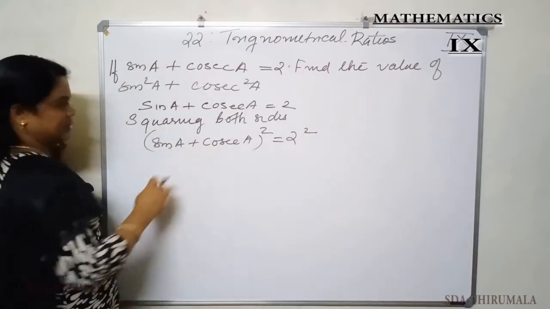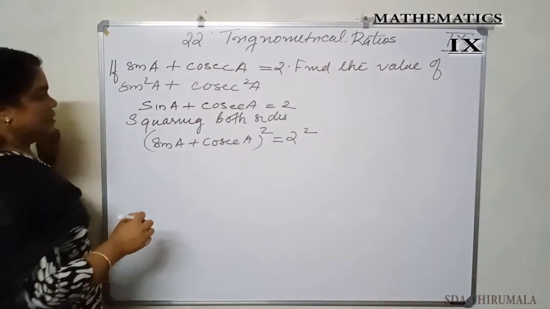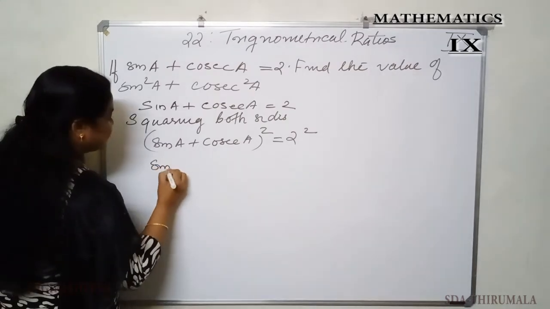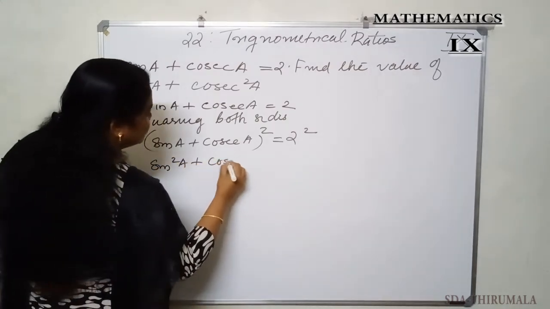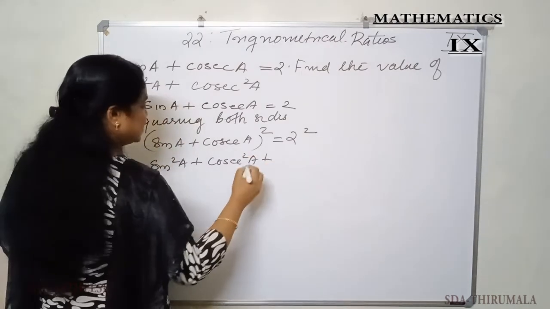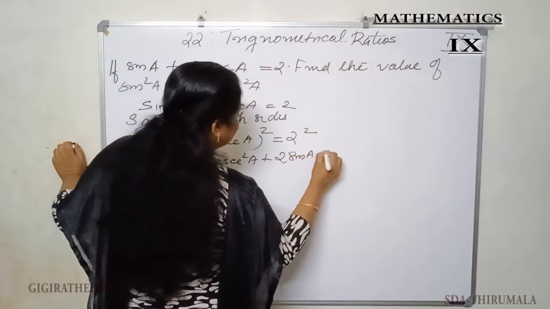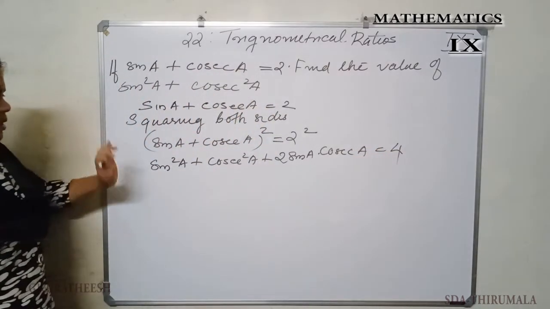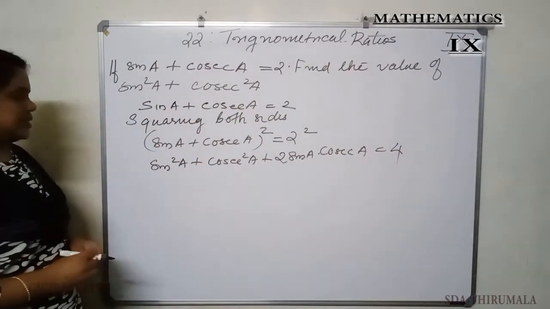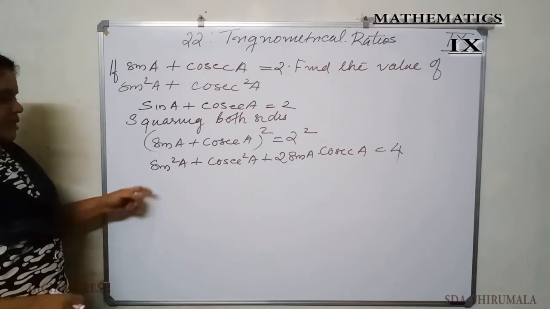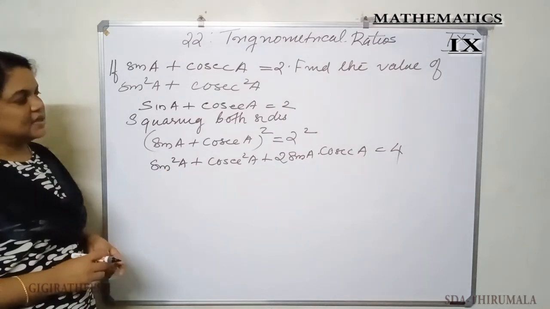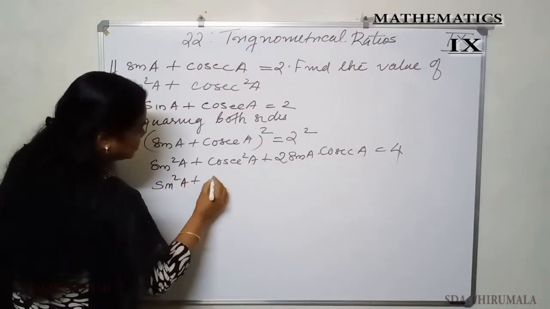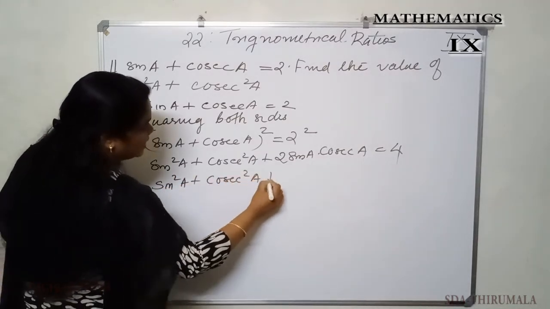Expanding in the form of A plus B the whole square, that is A square plus 2AB plus B square, we get sin square A plus cosec square A plus 2 sin A cosec A is equal to 4.